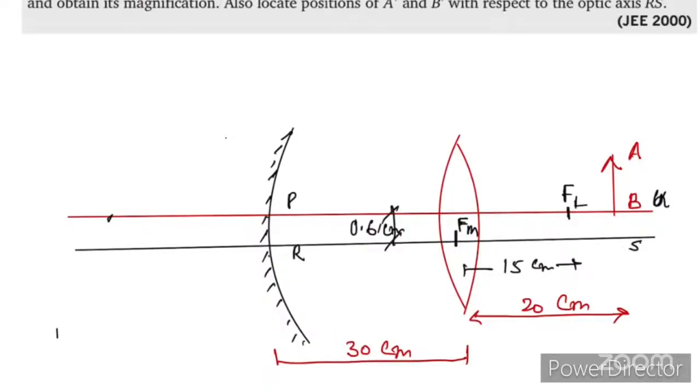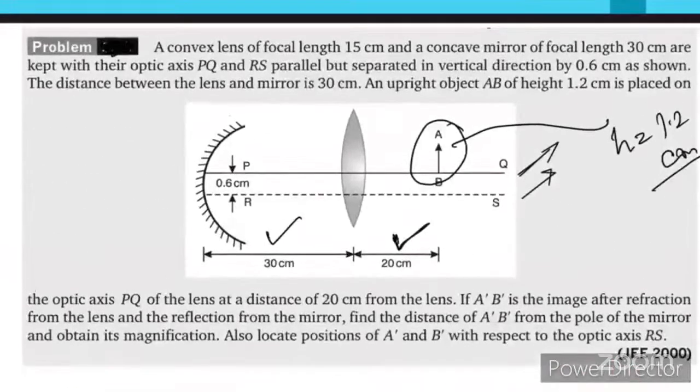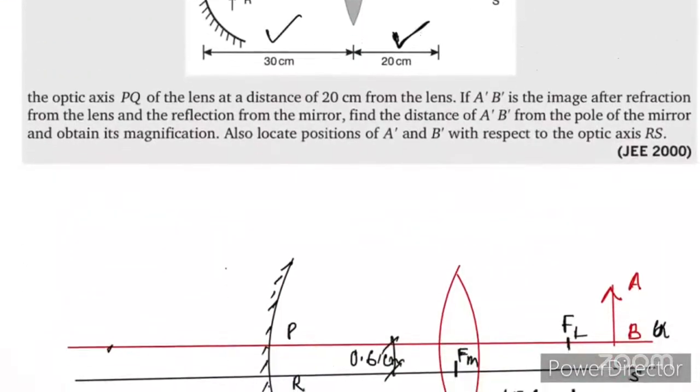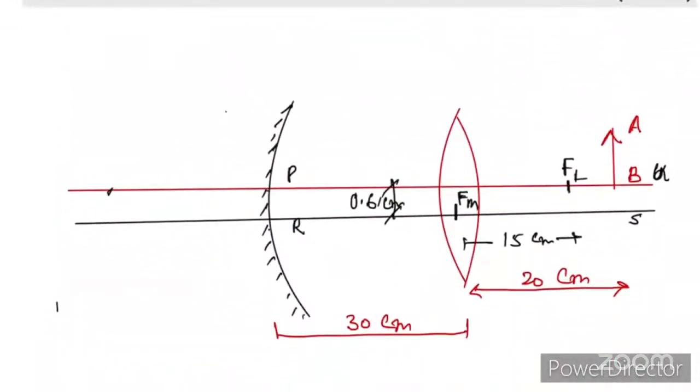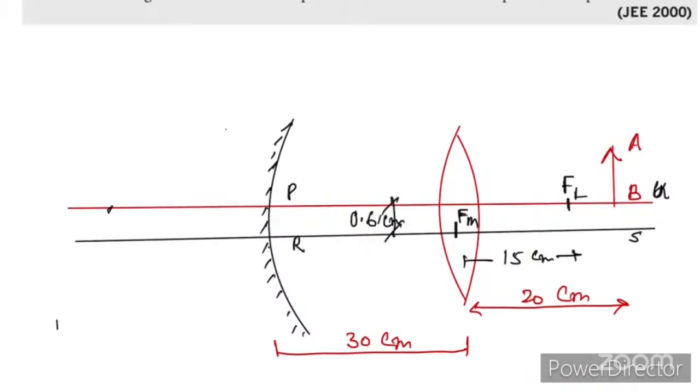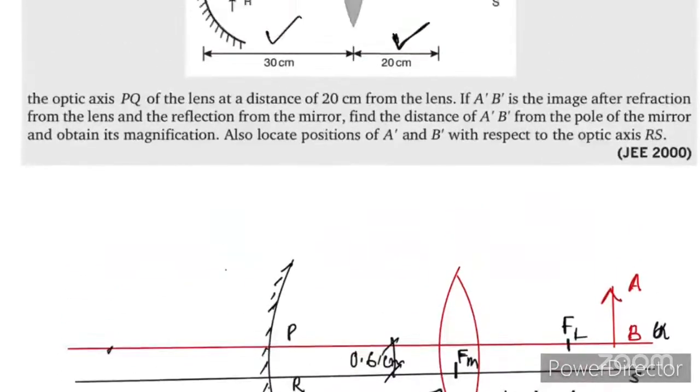AB object is there, then focal length of lens is given as 15 centimeter, and of course focal length of mirror is given as 30 centimeter, and that is the focus of this mirror, which is 30 centimeter from the mirror.